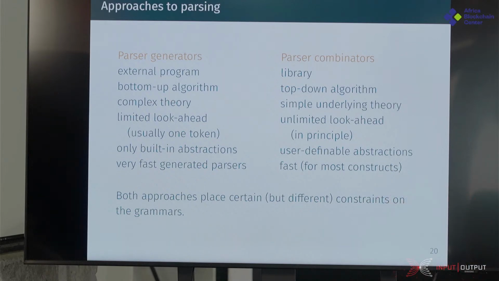And both approaches put certain constraints on the grammars. They can't parse all context-free grammars out of the box, because of this limited look ahead. As an example, say you want to write a parser for a programming language that has two keywords with the same first two characters.